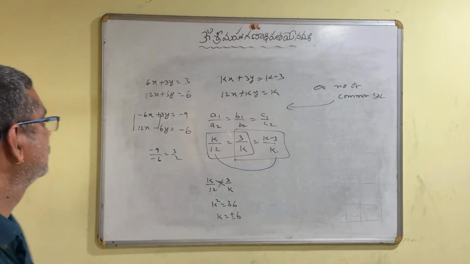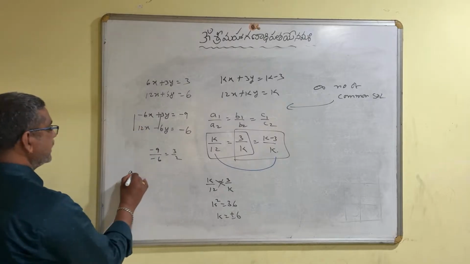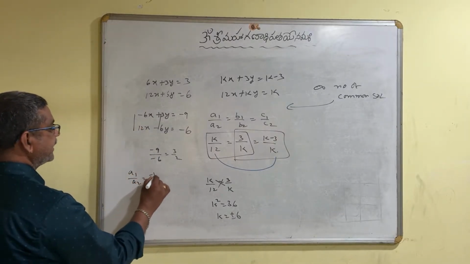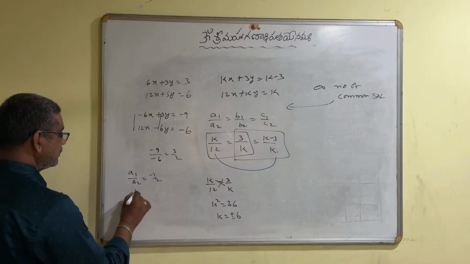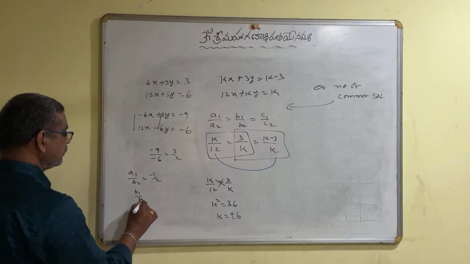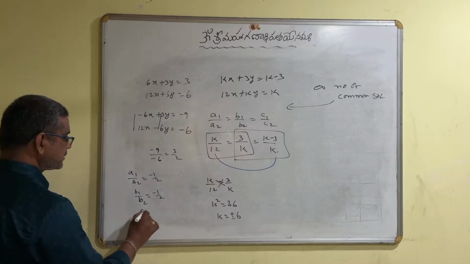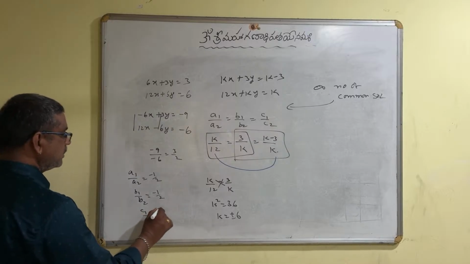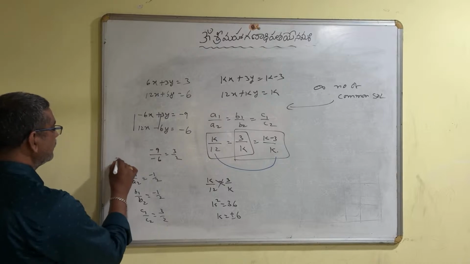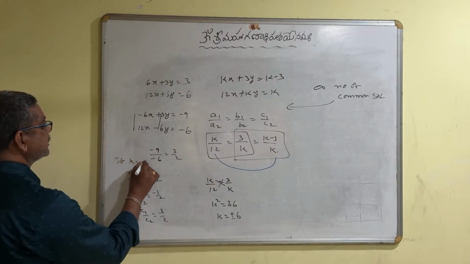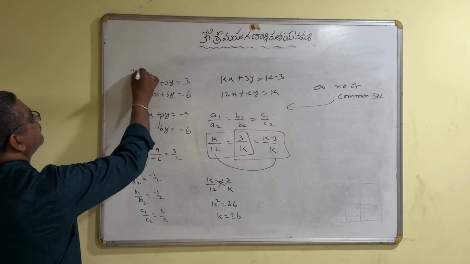That means a1 by a2 is negative 1 by 2, b1 by b2 is also negative 1 by 2, but c1 by c2 is 3 by 2.